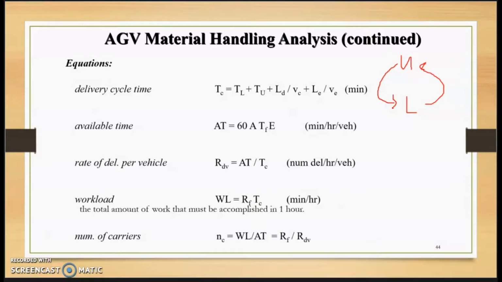So once it reaches the loading station, the AGV has completed one cycle of the operation. The time for this one we call TC. And then we have available time, which is how much time the AGV is available per hour. The unit is minutes per hour.